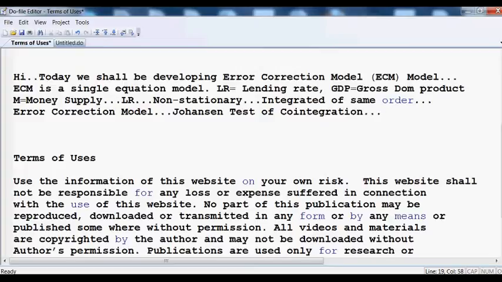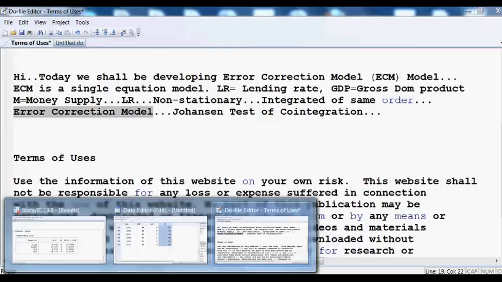When the variables are integrated of the same order, then we can run the Johansen test of co-integration, and that we shall be doing now. And after running the Johansen test of co-integration, we shall be running the error correction model, right? Okay, first I go to the Johansen test of co-integration.